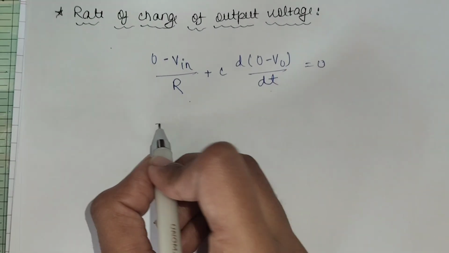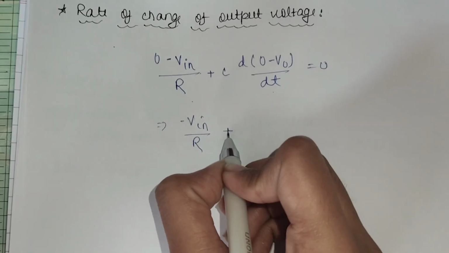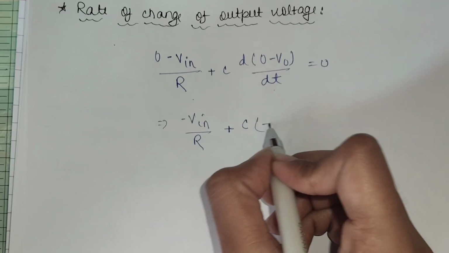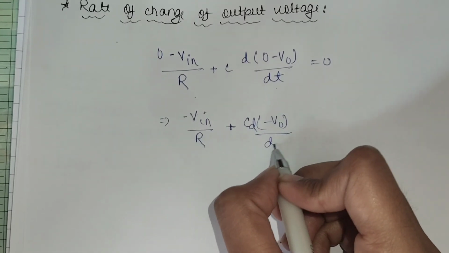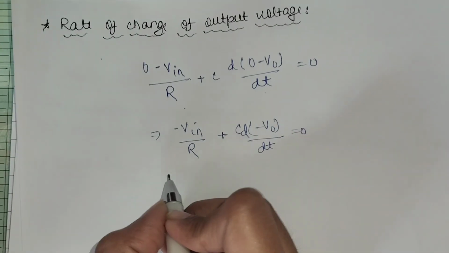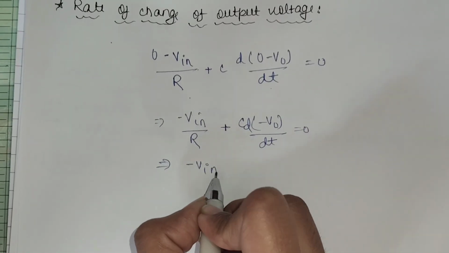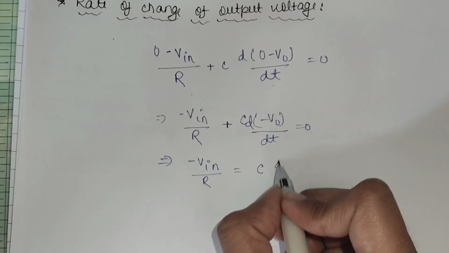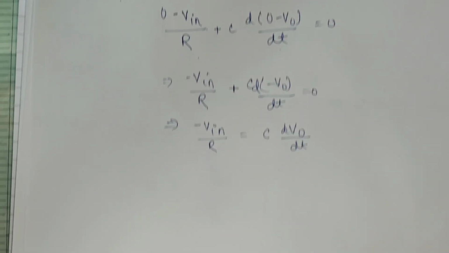Now we can say that minus V input by R plus C times d(minus V output) by dt is equal to 0, or minus V input by R is equal to C times dV output by dt.